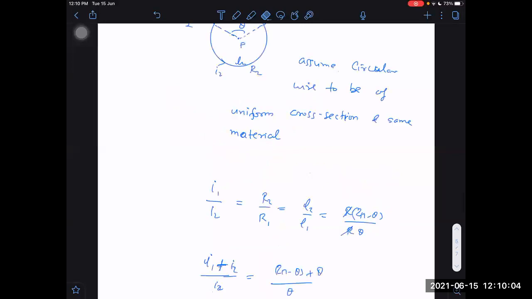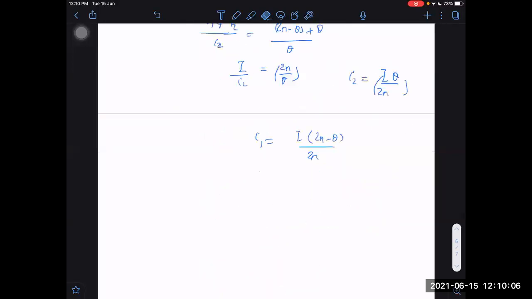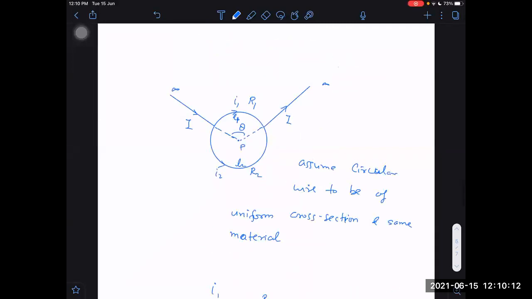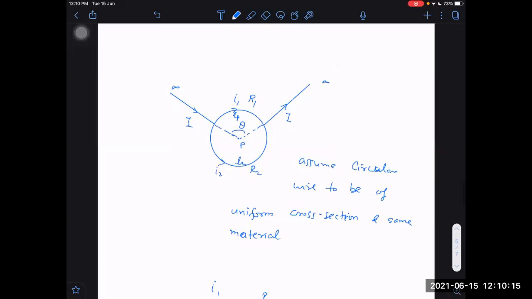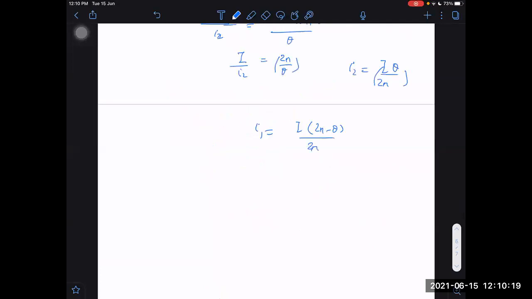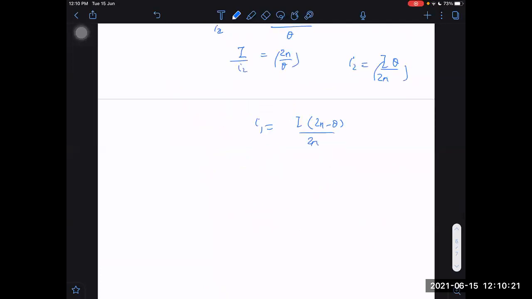Then, what is the value of the field due to I1? Field due to I1 will be equal to mu naught into I1 by 2R into what angle it makes?